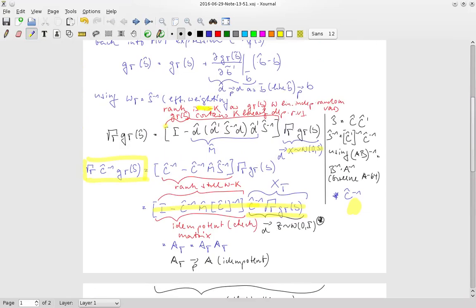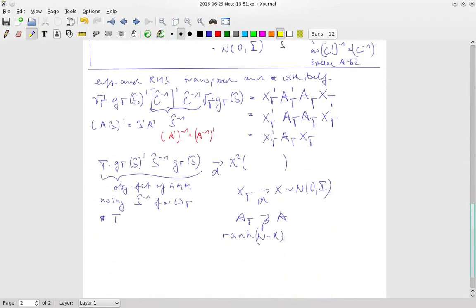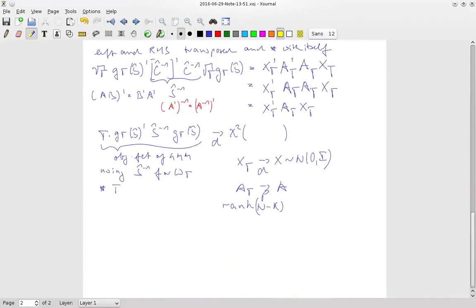So starting from here, going down here, this then gives us the A_T matrix down here, and the rank is still n minus k. Okay, so A sub t has rank n minus k, and this entails that this matrix A also has the rank n minus k. It never changes its rank.